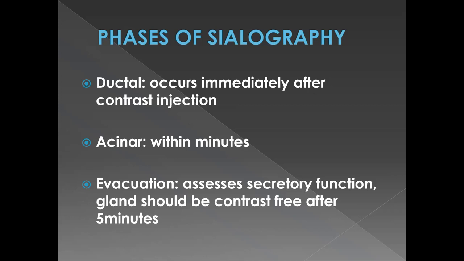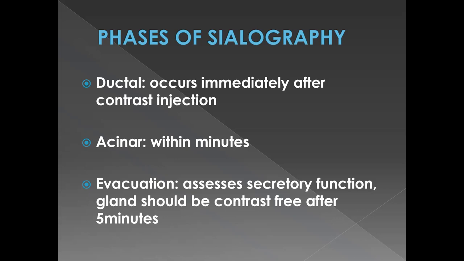So within minutes, if there is no obstruction, then the ductal phase will end, and the contrast agent will enter the acini of the gland, and you should be able to visualize that. Okay. After 5 minutes of your contrast being given, the gland should be able to remove the contrast agent by secreting saliva and removing the contrast through the duct orifice.